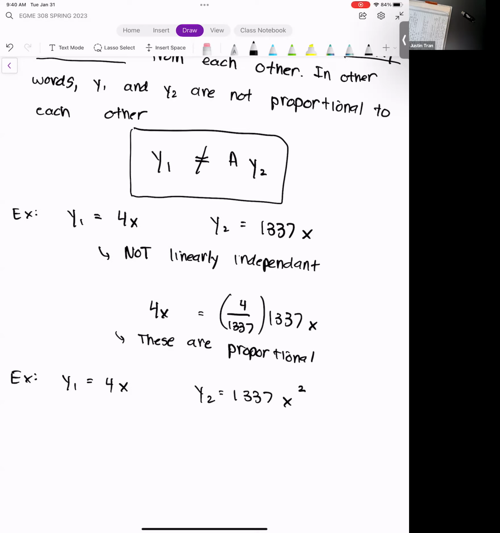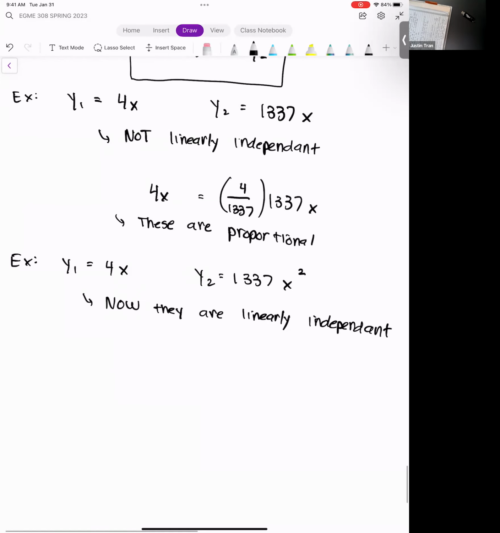Now these two functions are linearly independent, because the powers of x are different, there's no way that you can multiply one function by a constant and obtain the other.